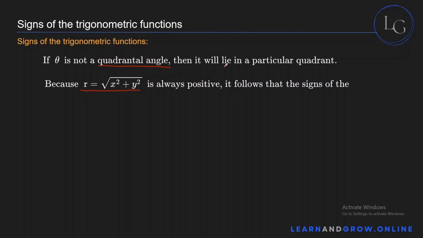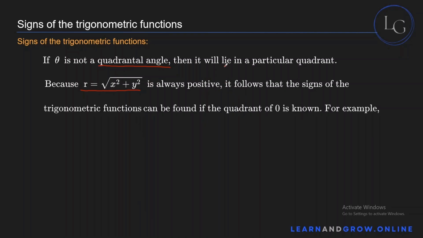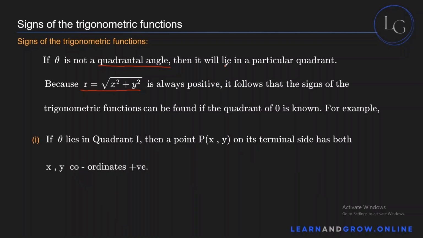It follows that the signs of the trigonometric functions can be found if the quadrant of theta is known. If theta lies in quadrant 1, then the point P, so basically the end of the line that defines theta, on its terminal side has both x and y coordinates as positive.